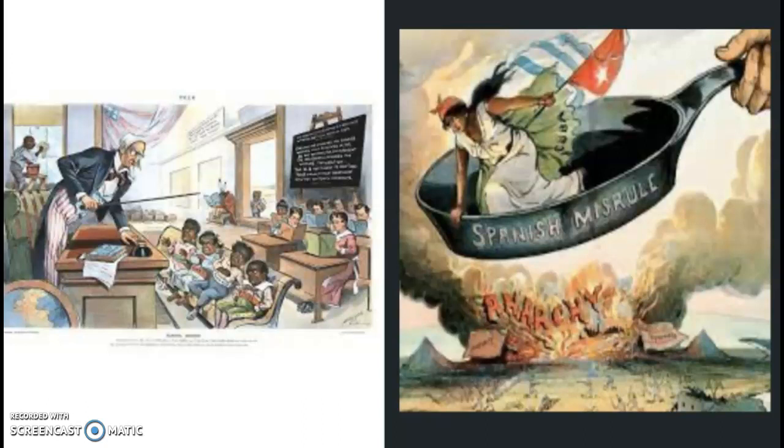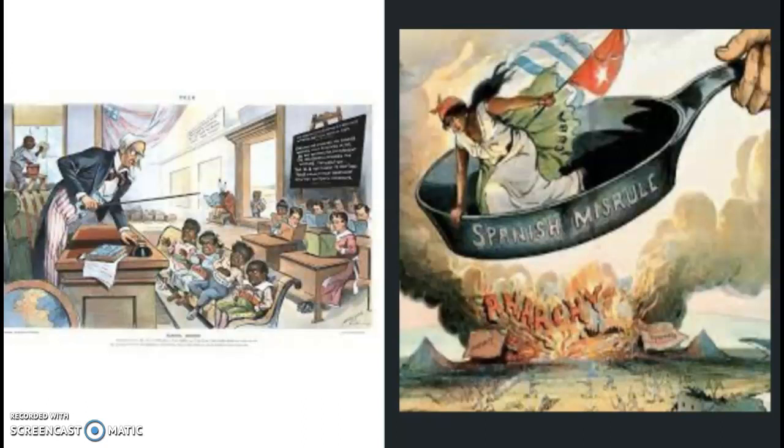And then, as we can see here, after the war, Cuba is still presented as a woman, though she is no longer white, and instead she's a darker complexion. And then in the second image, she appears to be hanging out of anarchy, which represents Cuba, and the U.S. saving Cuba from the anarchy from below.